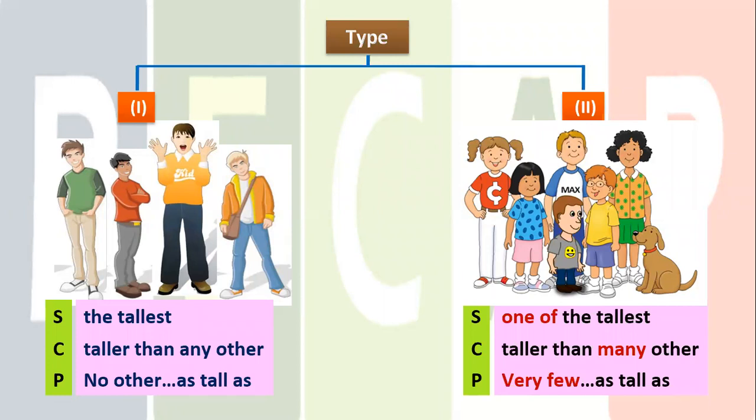Now, moving on with the concept, in the two types which we can see in front of us, we can notice that these are the more than two things compared. And within that, we have two different types.